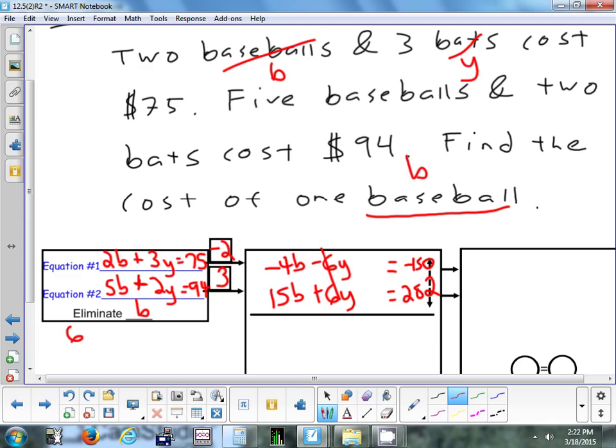That's why Y was better, because Y is the bats. It's only asking us to solve for the baseball, not the bats. So we don't have to worry about the bats. That's why we wanted to eliminate the Y's, because the Y's represent the bats.